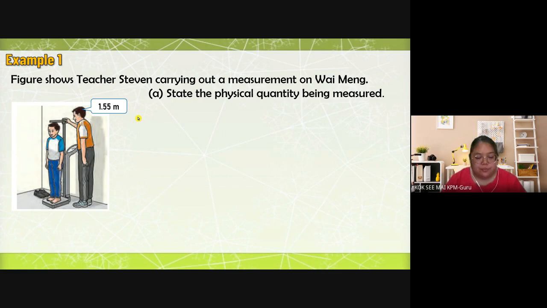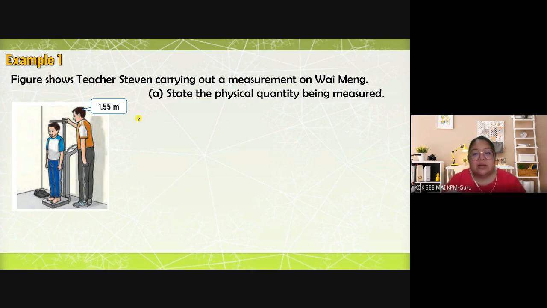Length. 没有错，length 是 base quantity，但是我要 physical quantity，我要更加了解它在量什么。Meter is a unit, 它在量什么？另外一个名字。Height. Yes, correct. 我在量着它的高度.